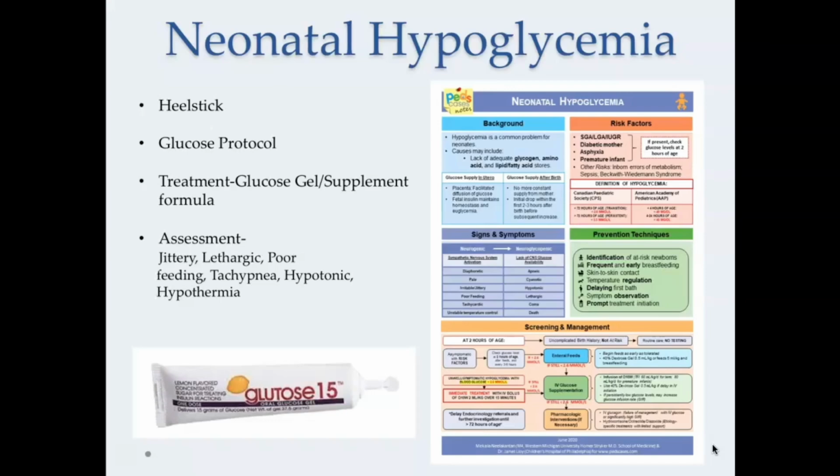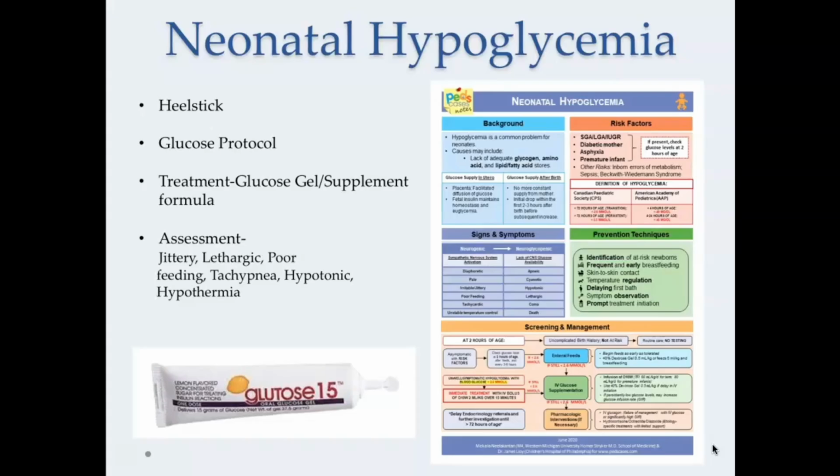Risk factors for neonatal hypoglycemia are small or large for gestational age or IUGR newborns, if the mom was diabetic, if it's a premature baby, or if the mom received a beta blocker such as labetalol, which could be another reason why hypoglycemia can occur.